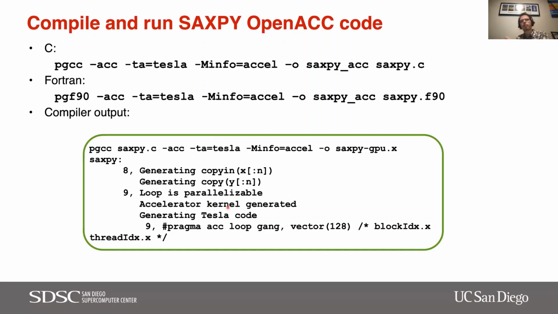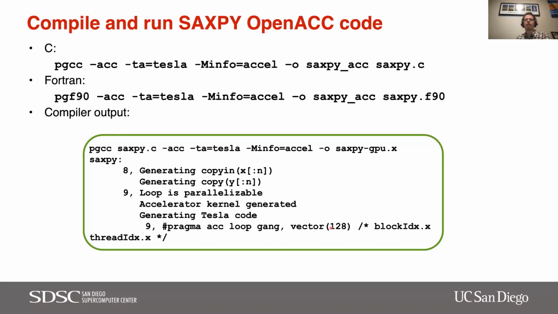So it generates that kernel for you, generates Tesla code. And for line 9, it gives you some more information about the loop vectorization with the gang and vector. That's basically what maps to threads and blocks, so these are basically blockIdx and threadIdx.